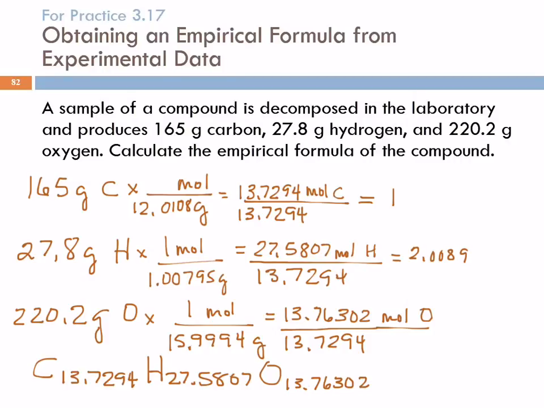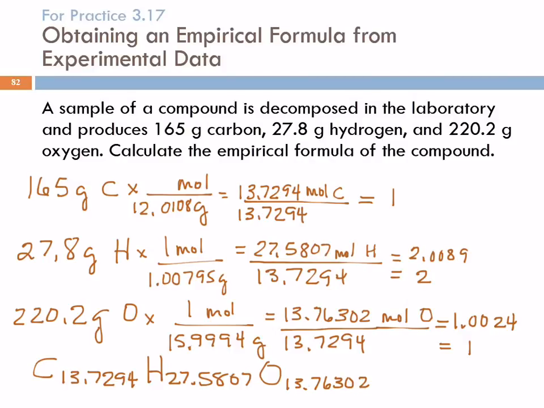Except I punched a number in wrong. Divided by 17 instead of 13. There, that's better. This comes out to 1.0024. Can that be rounded to a whole number? Yes. So this is close enough that I can call it 1, and I can call this 2.